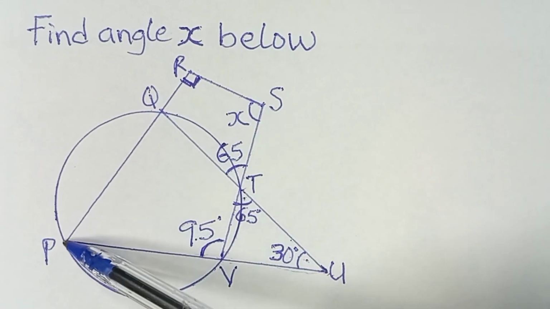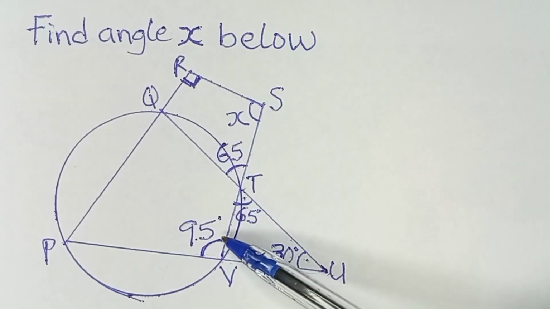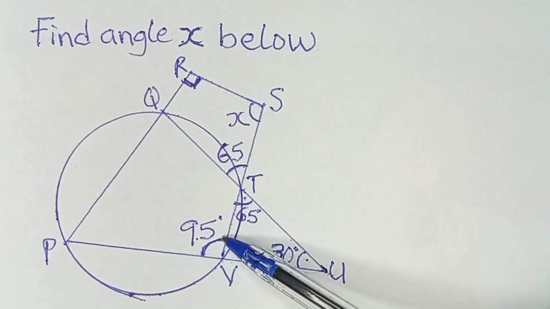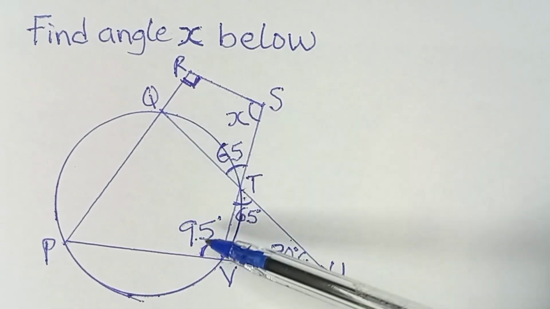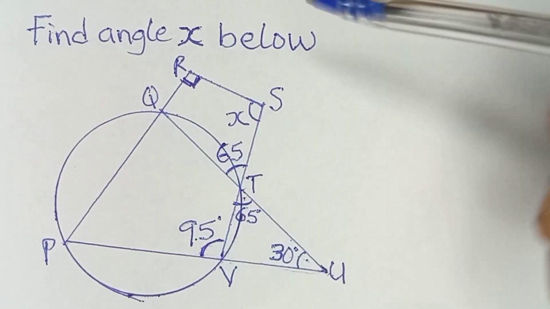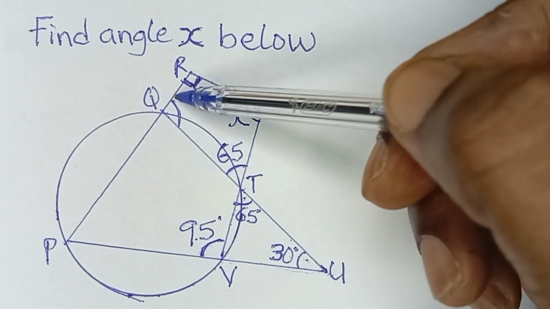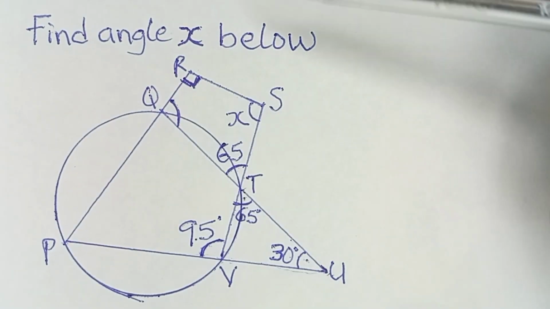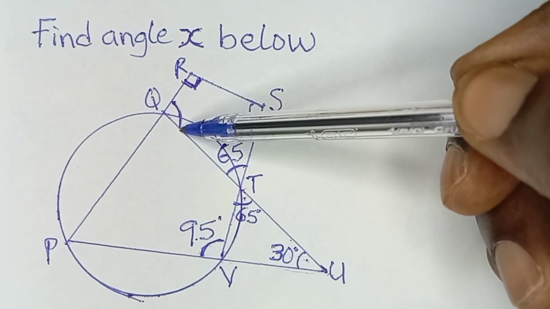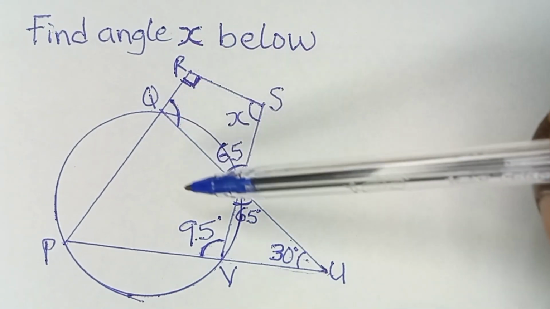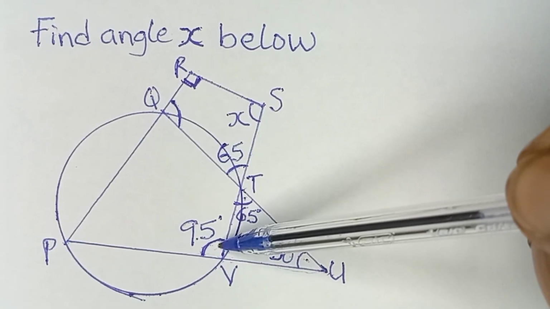Now, coming back to this quadrilateral PQTU, this angle here and this angle here are opposite angles of a cyclic quadrilateral. Then this angle now here is an exterior angle of a cyclic quadrilateral. So the exterior angle of a cyclic quadrilateral is equal to the opposite interior angle. Hope you are getting it.